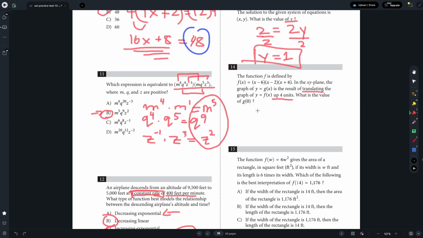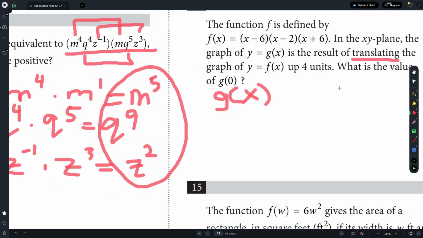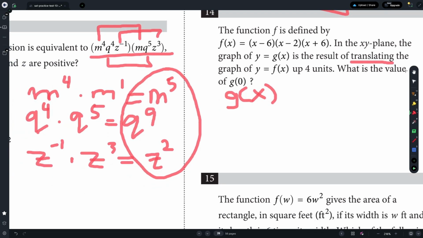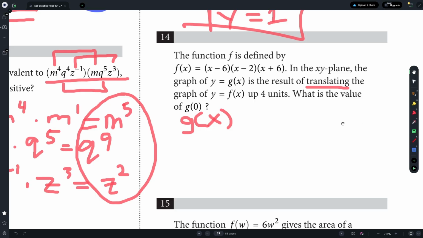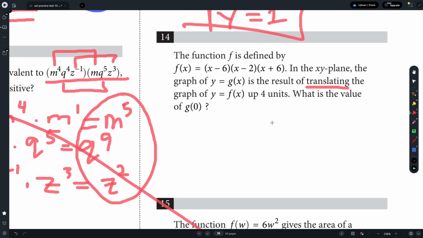That would mean that g of x would equal f of x. It says up 4 units, so it would be plus 4, right?